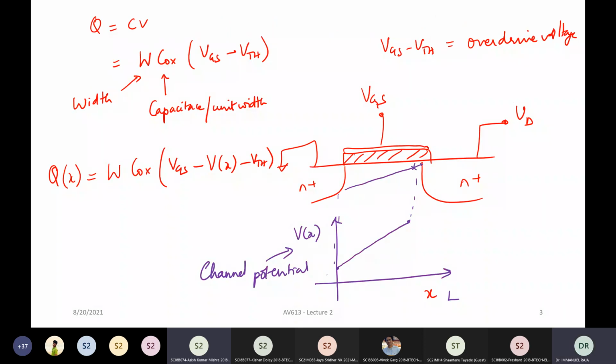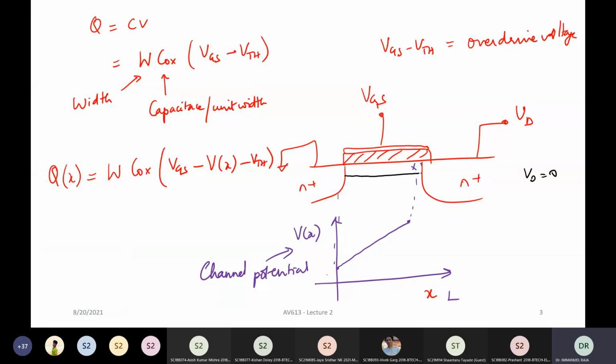Okay, yeah. So here, if you see, this is your channel. All right. So maybe what I will do is, let me use this one itself. Okay. So let us say when there is no VD, right? So for VD equal to 0, let me say VD equal to 0 in black color.